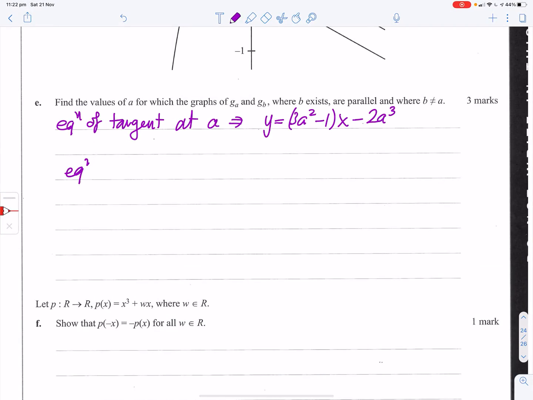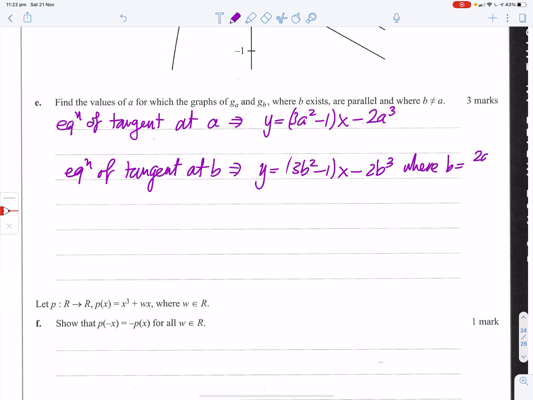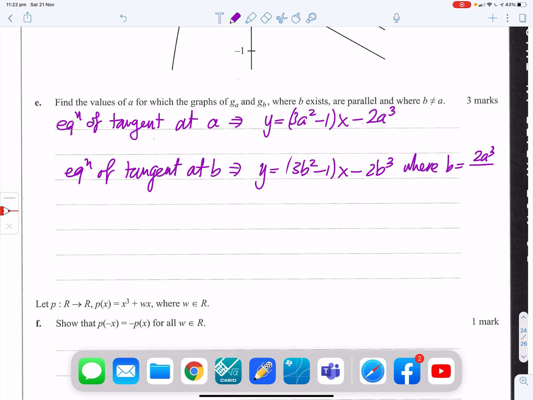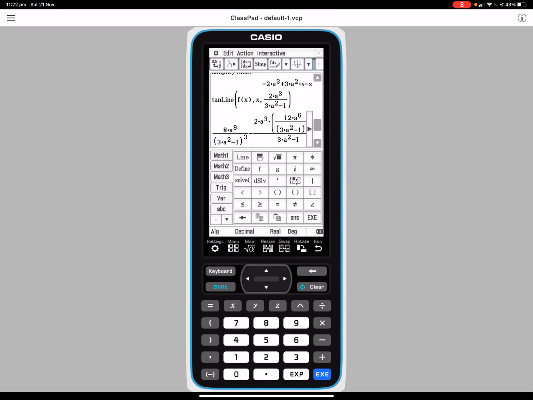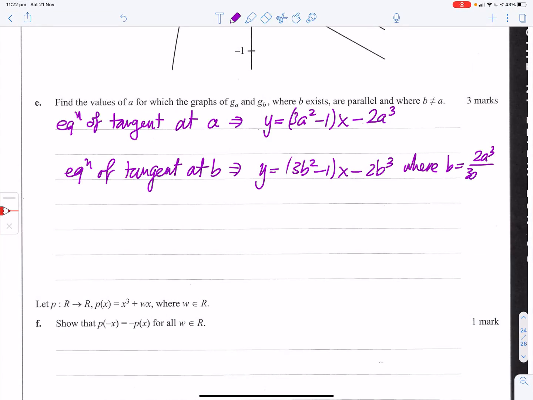And then the equation of the tangent at B is 3b squared minus 1 x minus 2b cubed, where b is equal to 2a cubed on 3a squared minus 1, just because I can't be bothered writing out that other thing. Let's call that y of b and call that y of a.